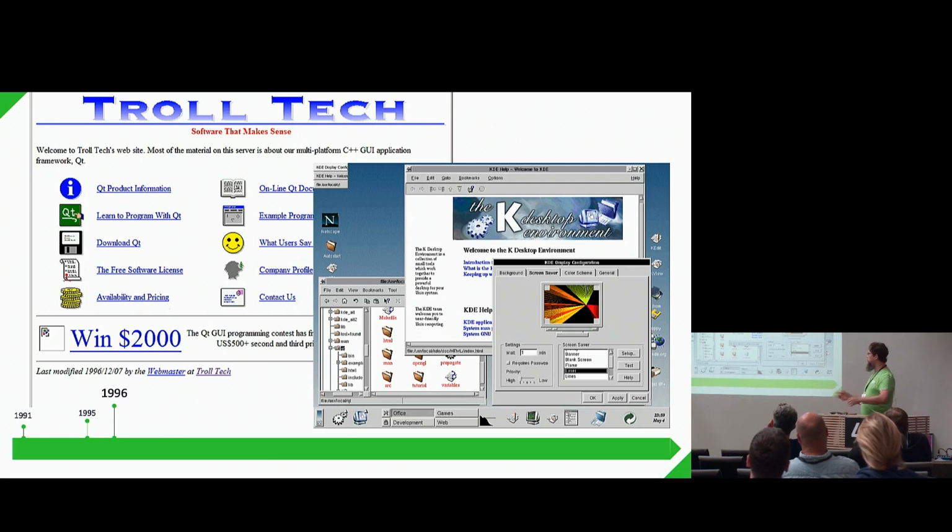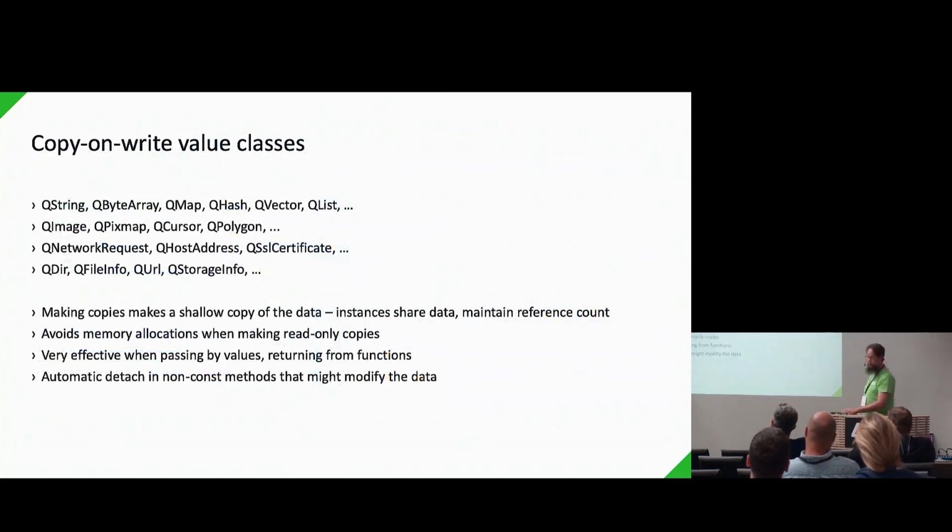And so let's start by talking about what we did in Qt's history to make things faster, smaller, more lightweight. One of the first things we did in the evolution of Qt was introducing copy on write value classes. Copy on write value classes are the things that you work with when you work with QString, with our containers, and with our higher level value types like QNetworkRequest or QHostAddress or QStorageInfo.